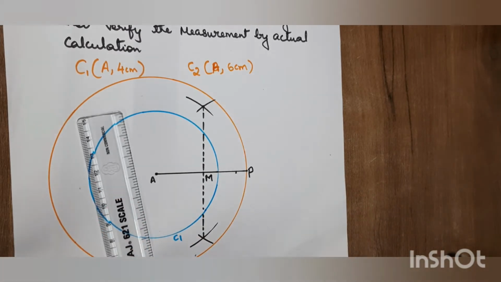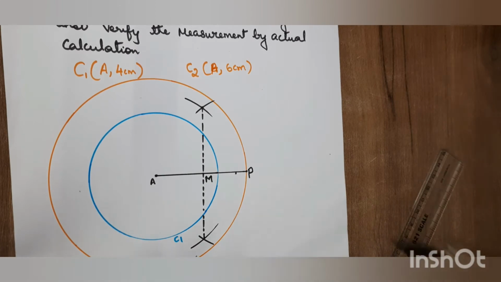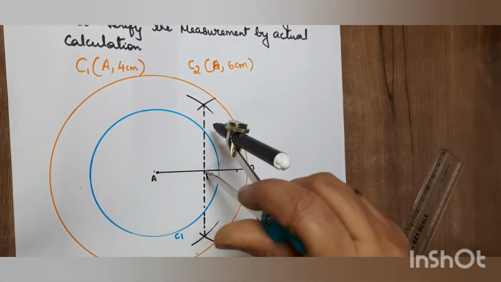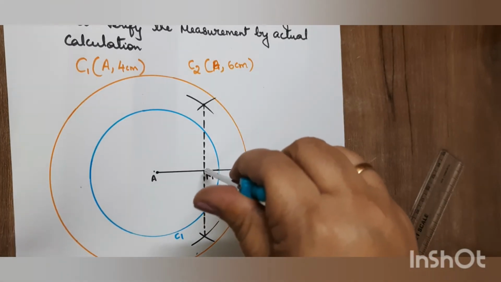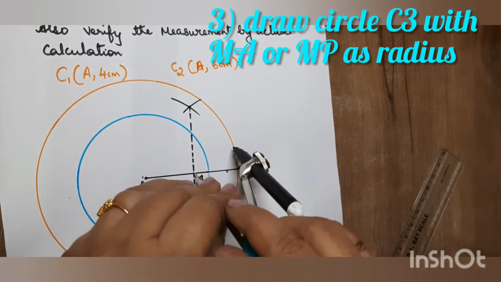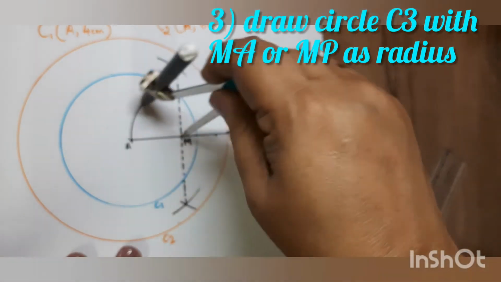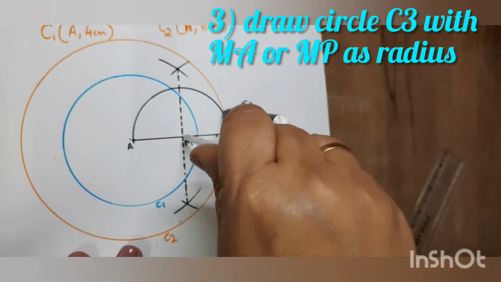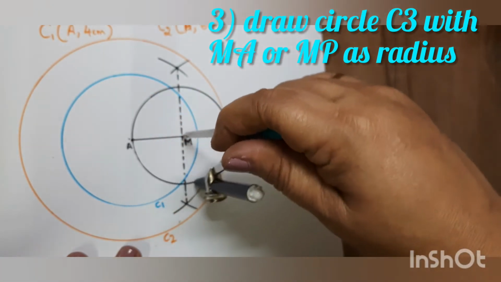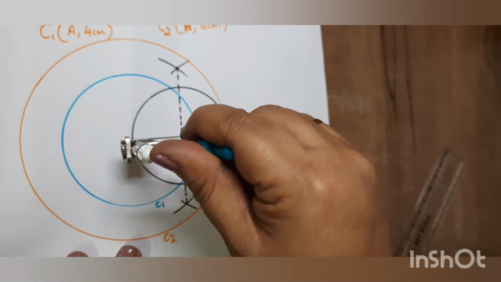So now we will have one more circle with AM or MP as the radius. Let it be perfect, so that the circle should touch A as well as the circle C3. We will need this extra circle.